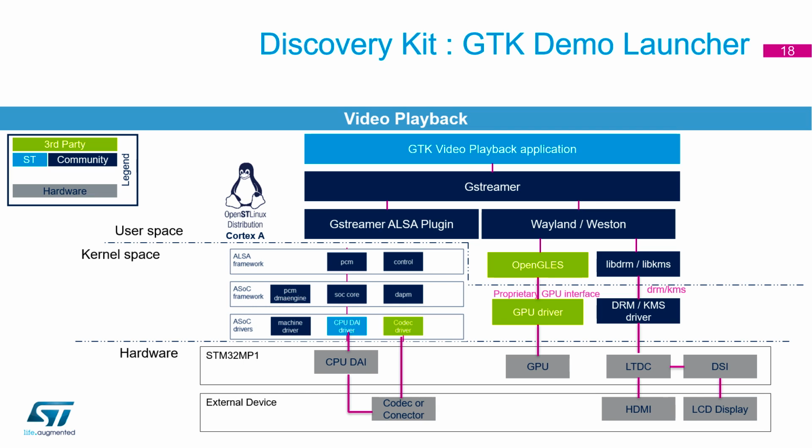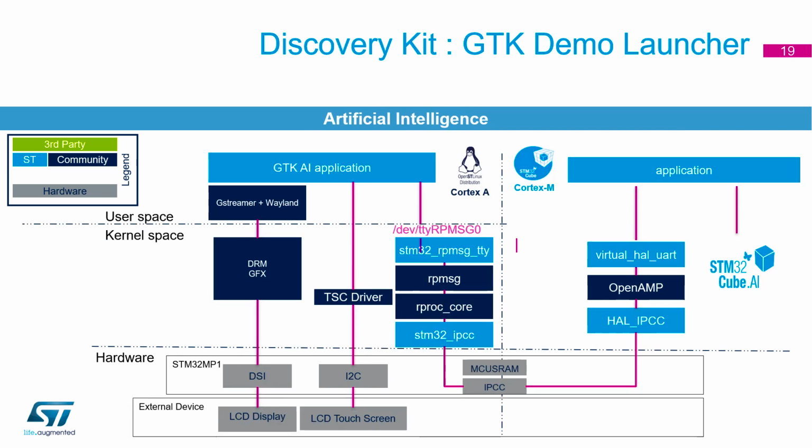So you can see the flow there of what's going on inside the standard video playback part of the application. If we look at the AI application, so this is the one where we're using the Cortex-M side as well. So we have our AI application running on our display, which is asking you to enter a character. So you then use the touchscreen, which is in the bottom. Touchscreen is then communicating through an I2C driver, through a kernel space driver called TSC, so touchscreen controller driver, into the application.